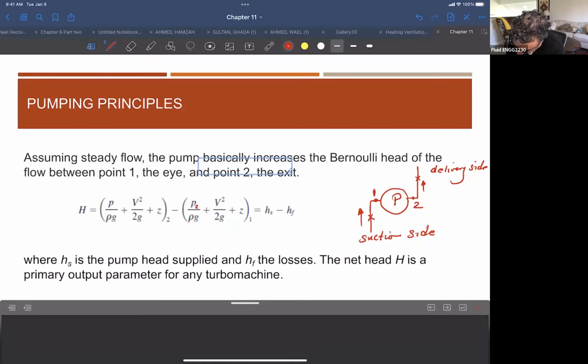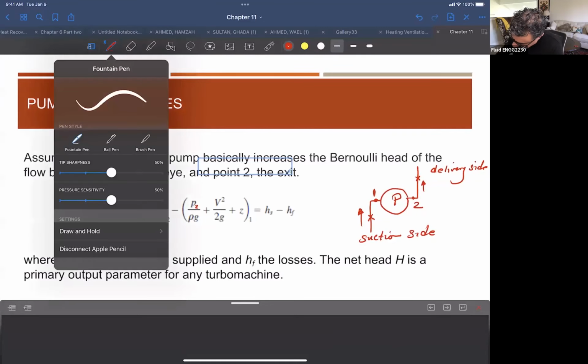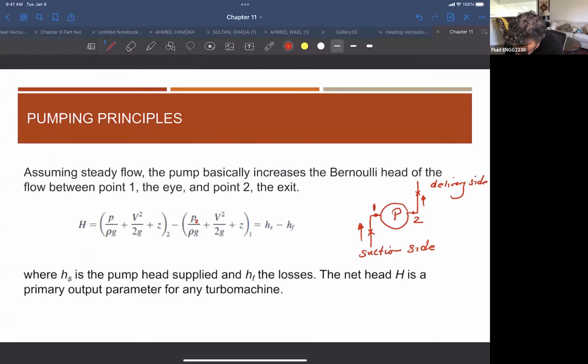So all this is the pressure at point 2, and the pressure at point 1 plus the velocity plus z. This is all the energy head at 1, and this is all the energy at point 2.